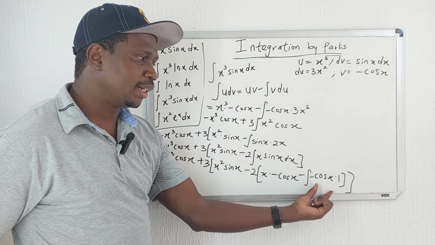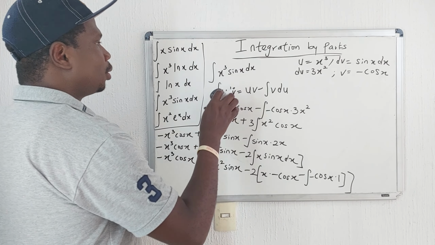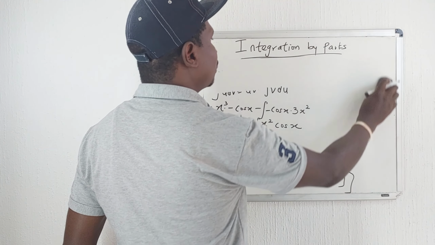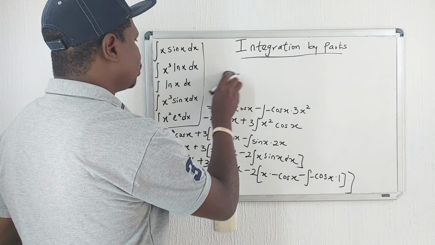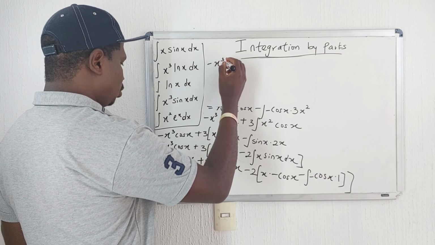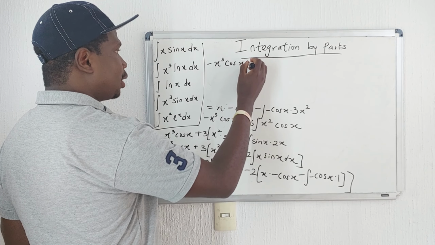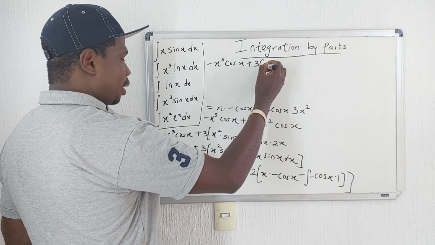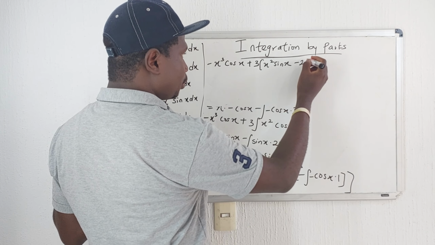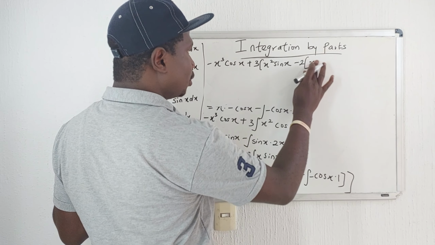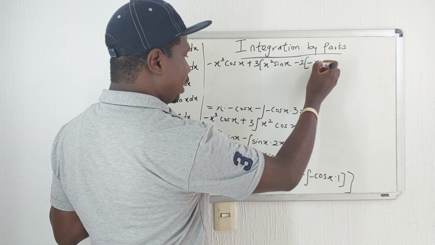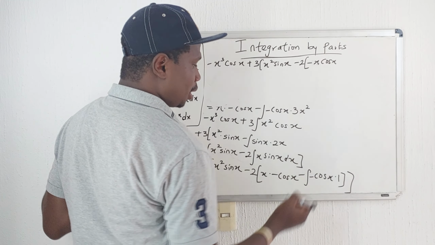So I can now integrate the final one. Let's come here. I can say minus x cubed cosine of x plus 3 x squared sine x minus 2, can bring out this minus here, minus x cos x, right?